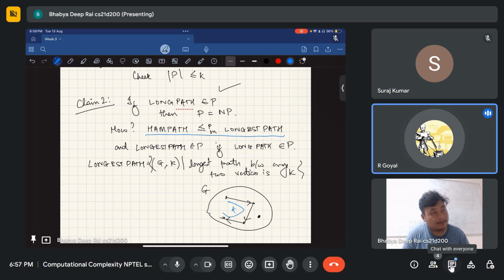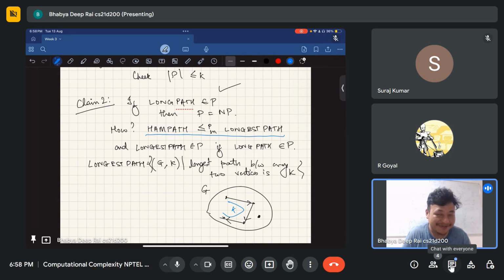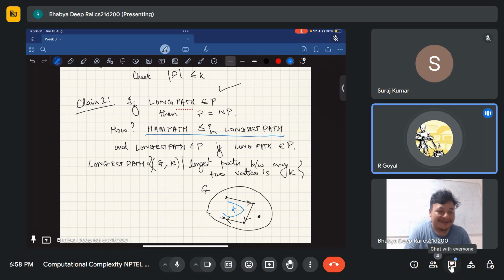If we traverse every vertex exactly once, then quite possibly I may get a long path. And if I do not traverse every vertex exactly once, then I may end up with a path that may be the shorter one.